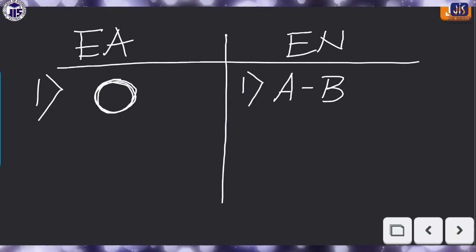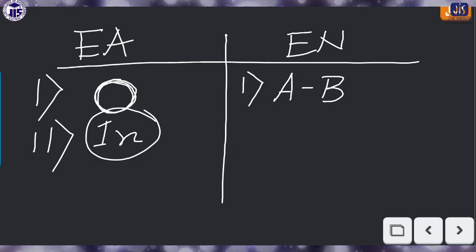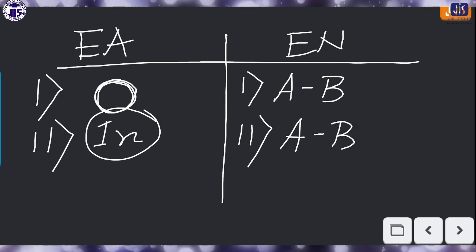So this is the first difference. Second difference: electron affinity is an inherent property, that means it cannot be changed and does not depend on others. But electronegativity is a relative property, that means it depends on others. Okay, third difference.